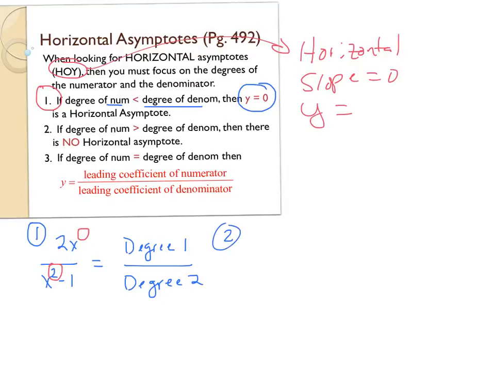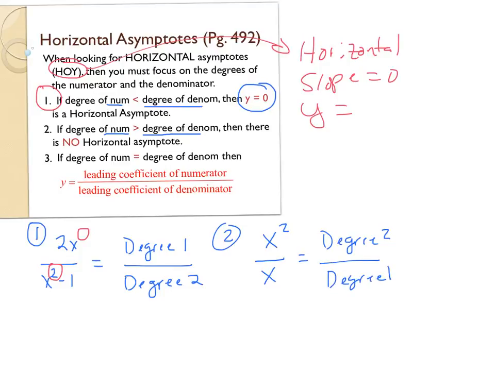Number 2, I'm just going to make a function up. It says if the degree of the numerator is greater than the degree of the denominator, then there's no horizontal asymptote. And I'm going to do a quick example here that's easy to look at. Well, we have a degree of 2 over degree of 1.